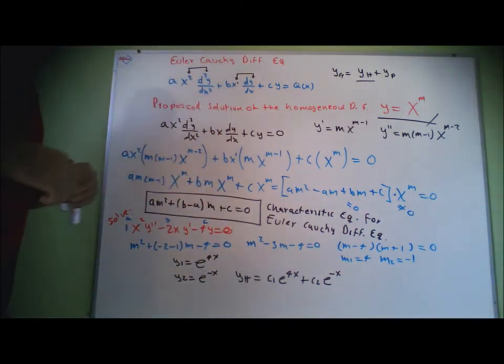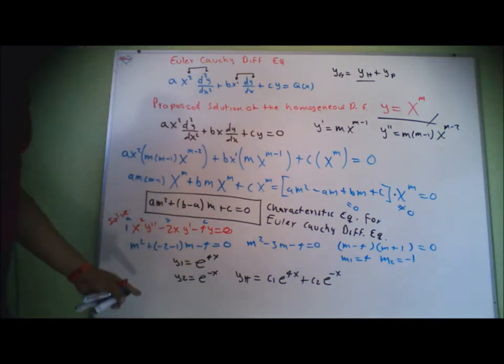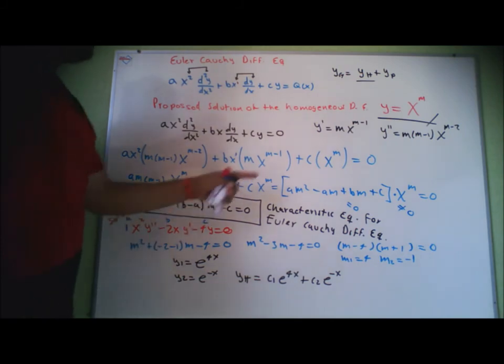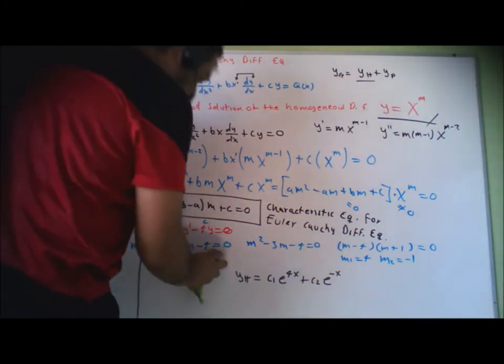Now, I made a mistake on purpose, because this is not the solution. What is the problem here? Because we are very used to having the solutions as exponential, we forget that the solution is actually x to the power of m. So this is wrong.